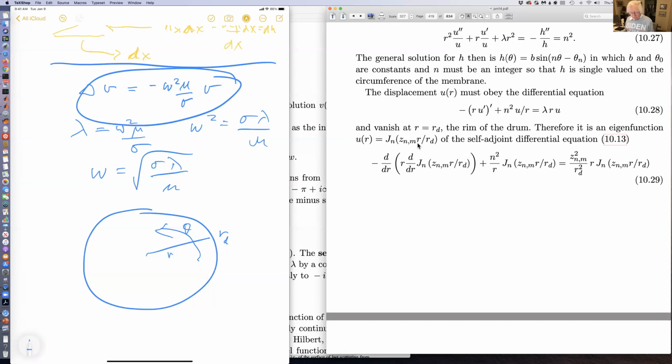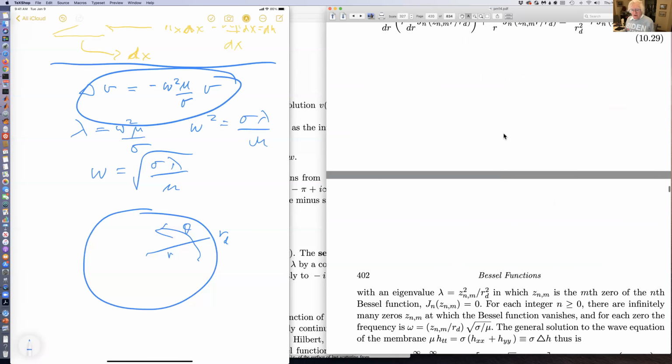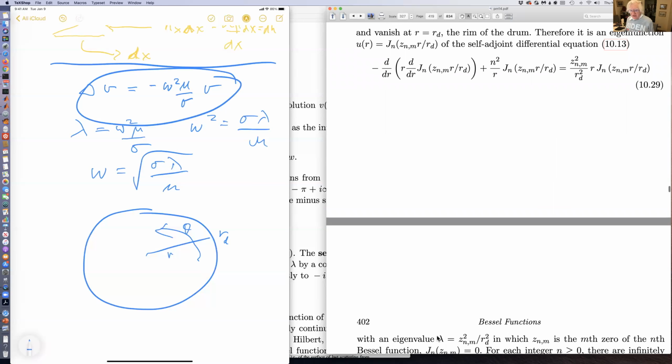And so we satisfy that boundary condition. And our self-adjoint differential equation looks like this. And then the eigenvalue lambda is in this ratio here.